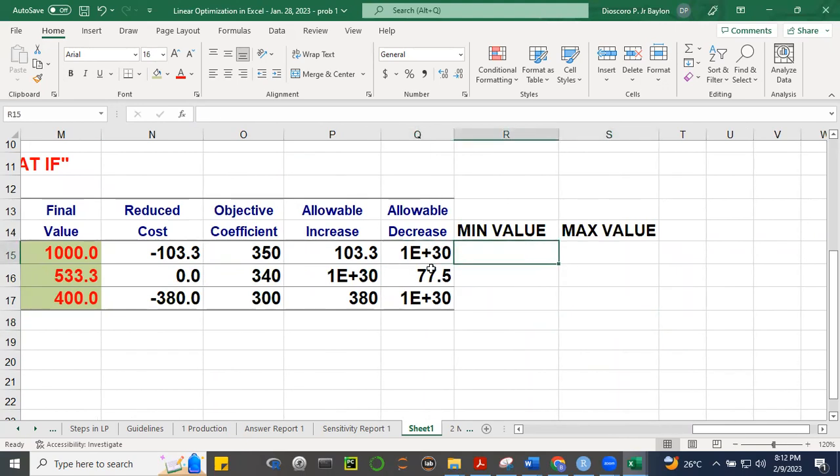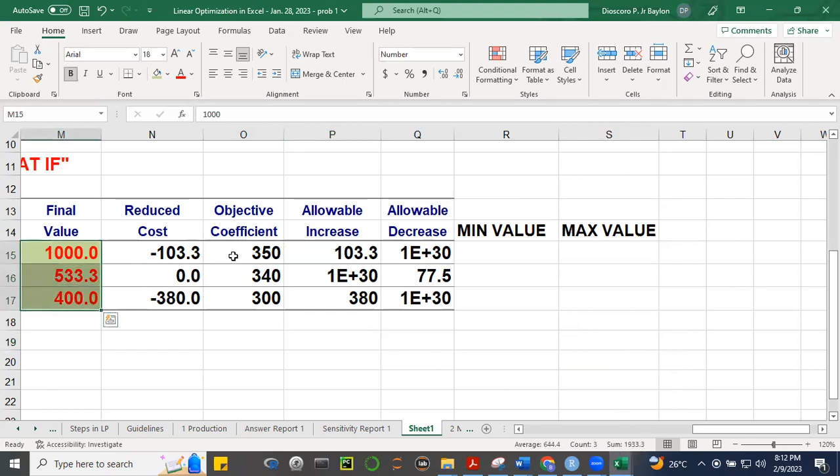So, ang ibig sabihin ng allowable decrease, pwede nating babaan yung objective coefficient natin. Kasi this is a study about the objective coefficient and how they affect the optimal solution. Okay? So here we're taking a look at what will happen to the optimal solution if any of this changes. Isn't that supposed to be a good question, di ba? Kunyari, kung magbago yung objective coefficient, maging si 350, so sa market, hindi na tayo pwedeng lumaban ng patas sa ganito.